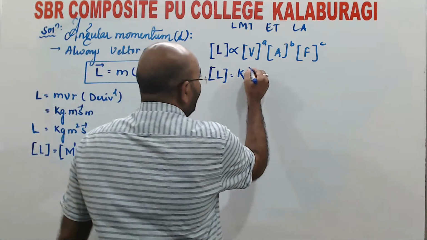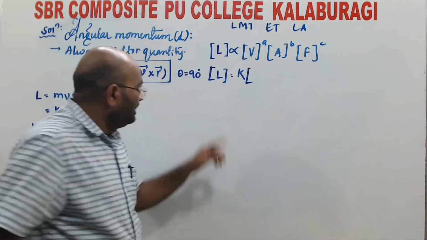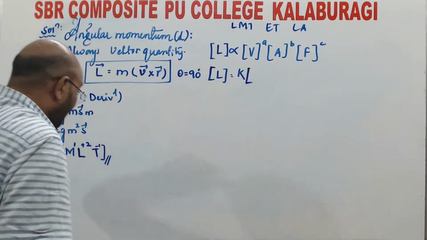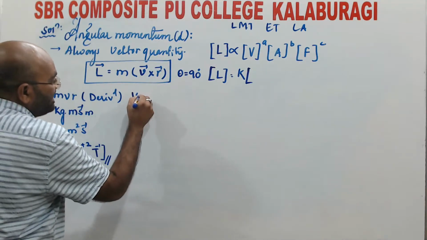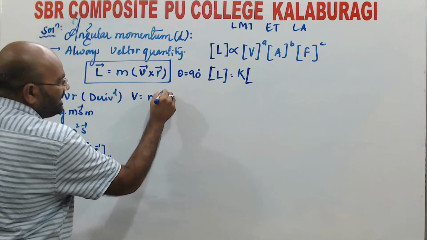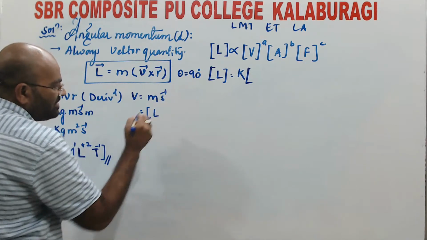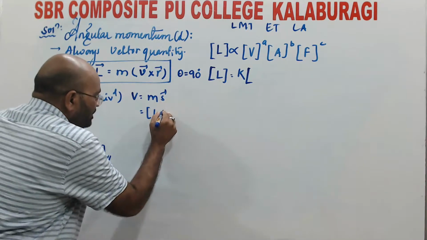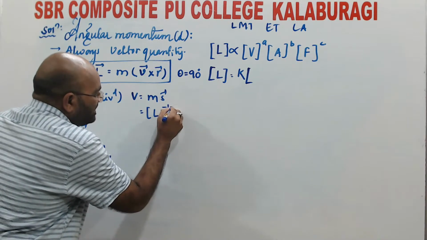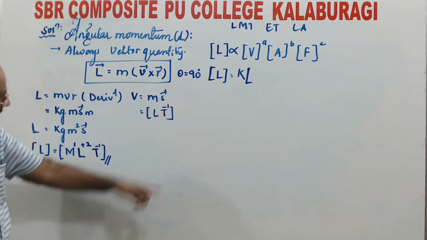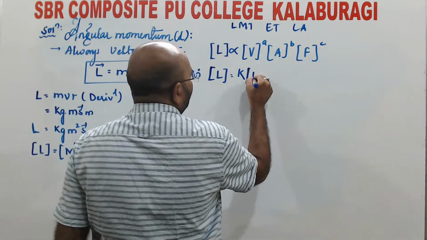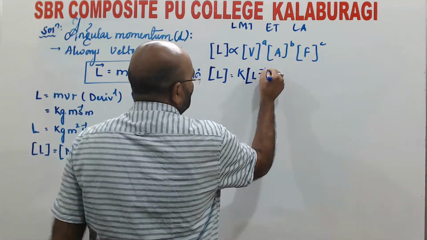Okay. Then here, velocity, and we know that velocity is equal to what? Meter per second. Meter is the unit to measure what? Length. Second is the unit to measure what? Time. This is L T to the power minus 1 we got. Substitute over here, L T to the power minus 1.